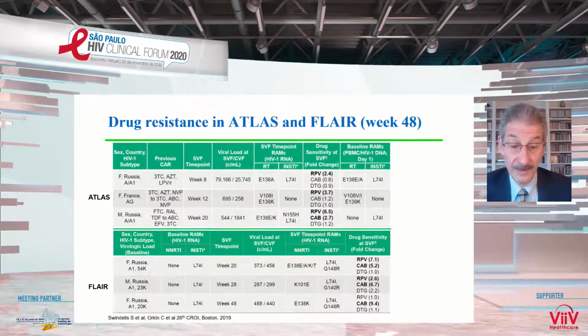And you can see those in the table here. Some of these participants, in retrospect, turned out to have baseline resistance mutations for rilpivirine, and that may have contributed to the occurrence of virologic failure and predisposed then to the development of integrase inhibitor resistance.